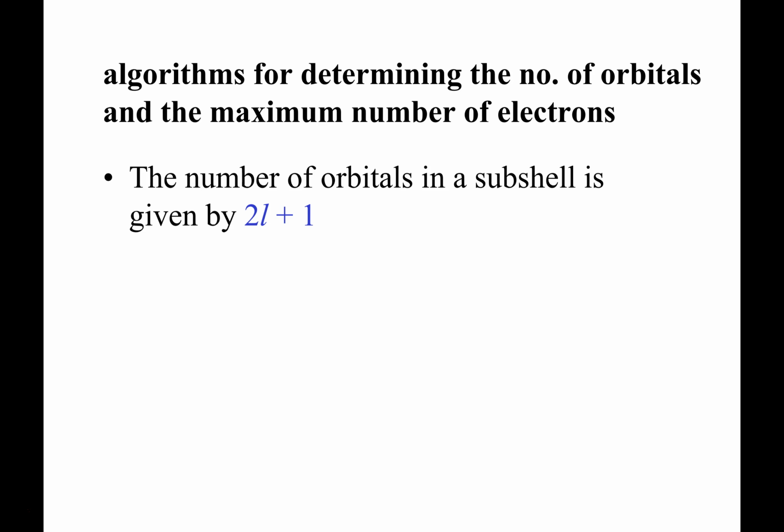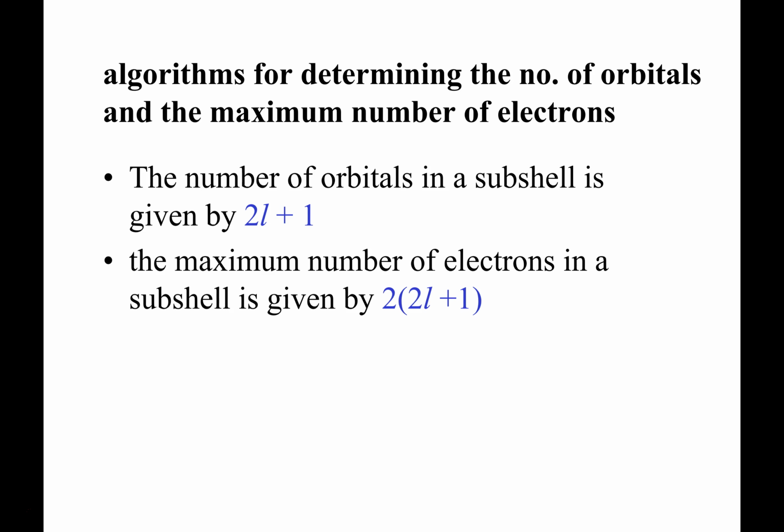If your l is 0, you take 2 times 0 and you get 0 plus 1 is 1. If your l is 1, 2 times 1 is 2, plus 1 is 3. So these are saying how many orbitals. And if you know how many orbitals, if you want to know how many electrons you accommodate, just take that times 2.